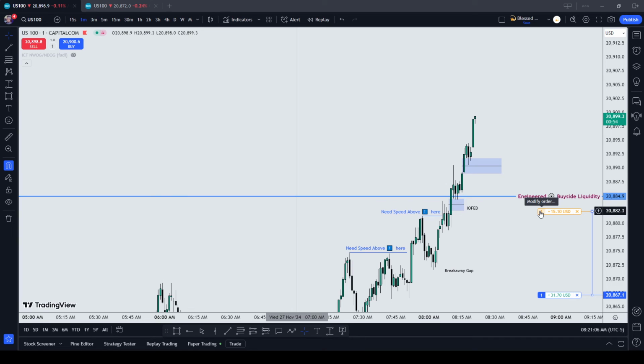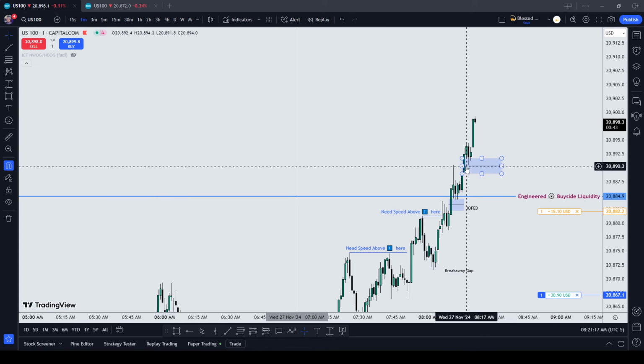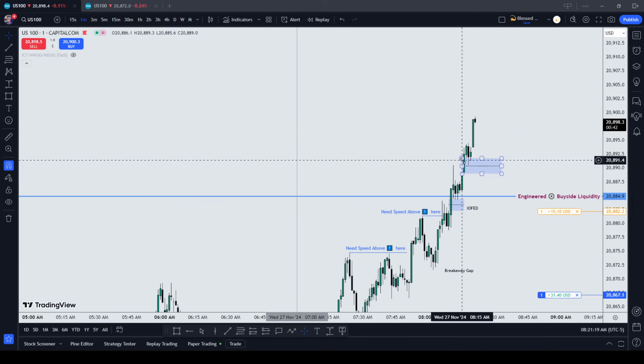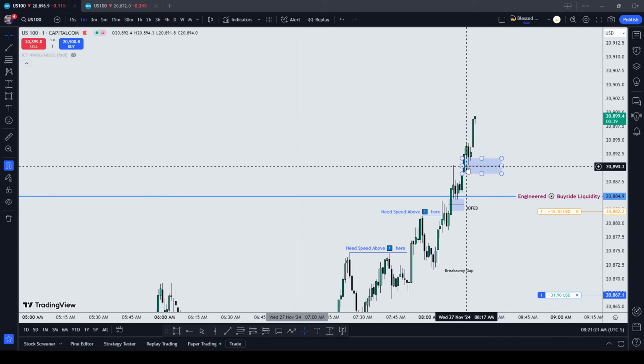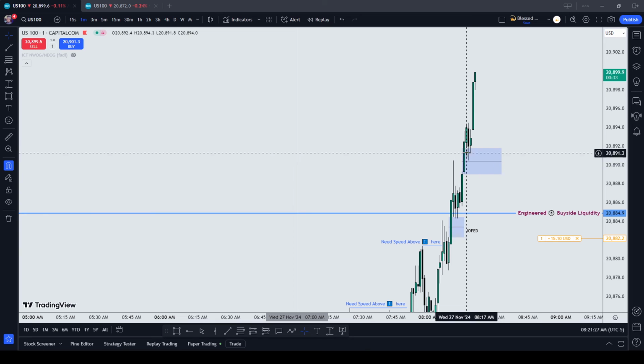Oh goodness. So we lock in a little bit more. And we see how price delivered right here. Just fell short. Watch this, watch this. Price did what? Drops down.